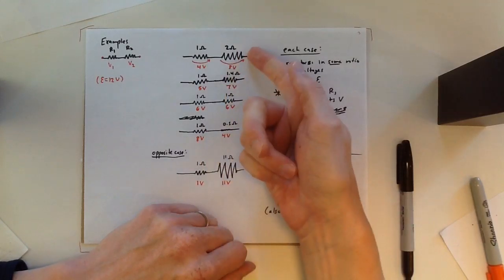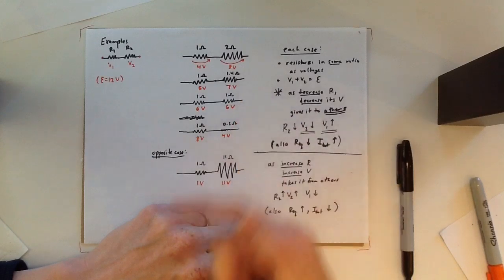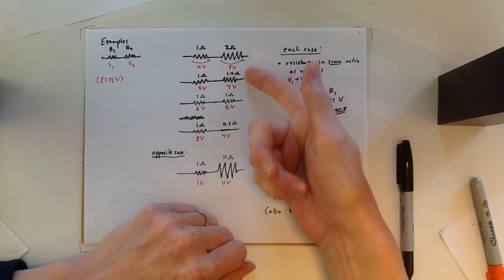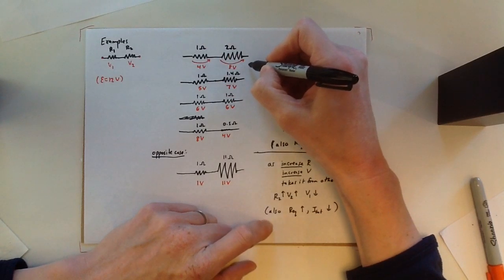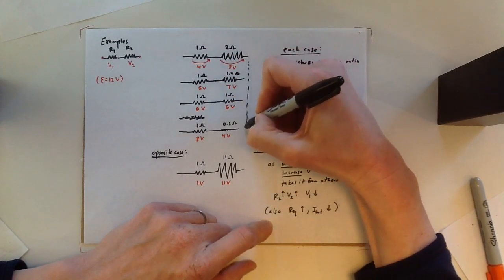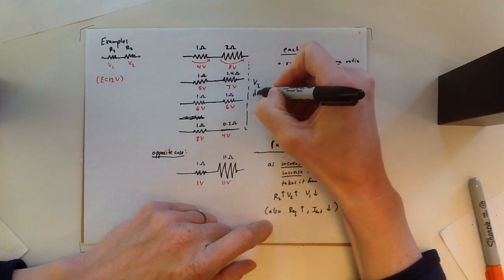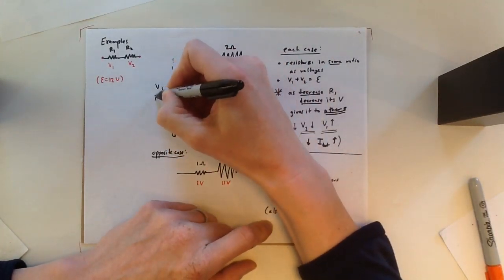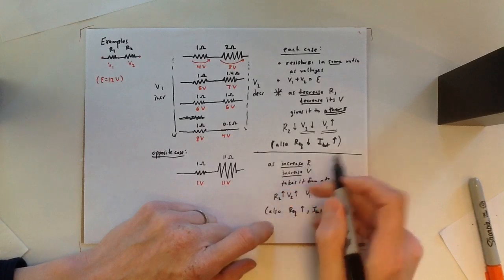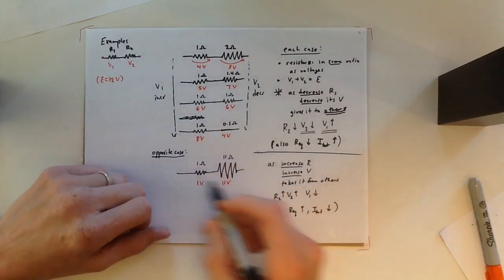So the total current in each of these is going to increase, so it's going to get larger and larger, okay? So again, to summarize here, what you see is V2 is decreasing and V1 is increasing, and the total current is getting larger, okay?